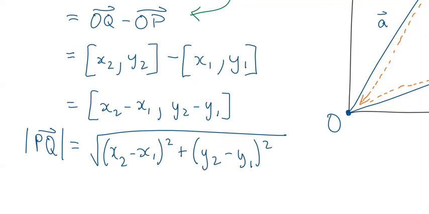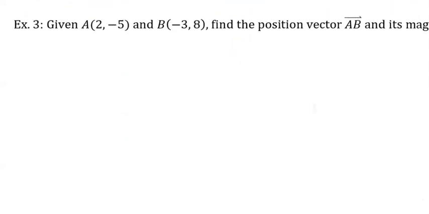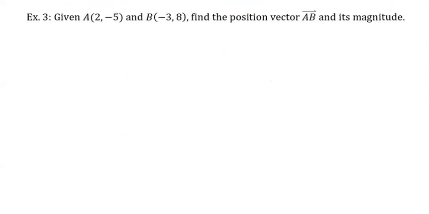I wouldn't write this down every time, but we'll write it down once, which is negative 3, 8, minus 2, negative 5, which is negative 3 minus 2, 8 minus negative 5, which is negative 5, 13. So negative 3 minus 2 and 8 plus 5.